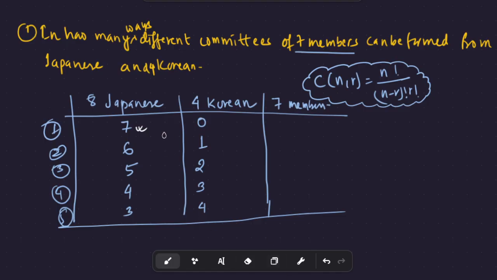What will be the total number of ways then? We need to select 7 Japanese. In how many ways can it be done?